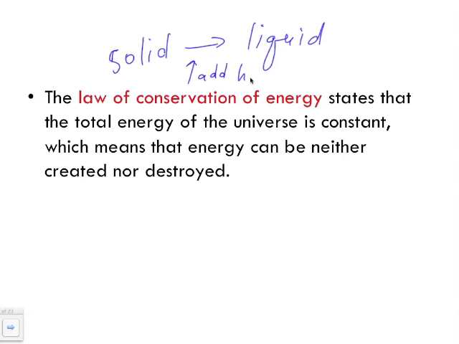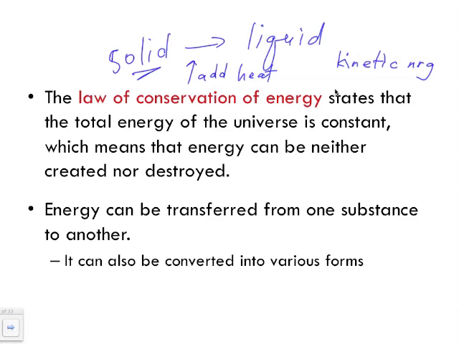If we add heat to this solid, we're going to get the particles to move a lot more rapidly, increasing in what we call the kinetic energy. Now, energy can be transferred from one substance to another. It can also be converted into various forms. As we said, potential energy to kinetic energy is being converted from one area to another. So we're not destroying it, it's just moving to a different spot.